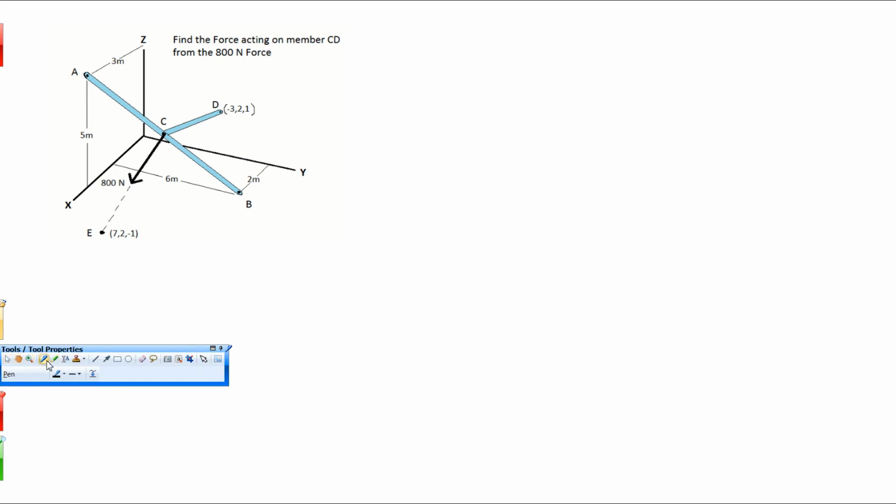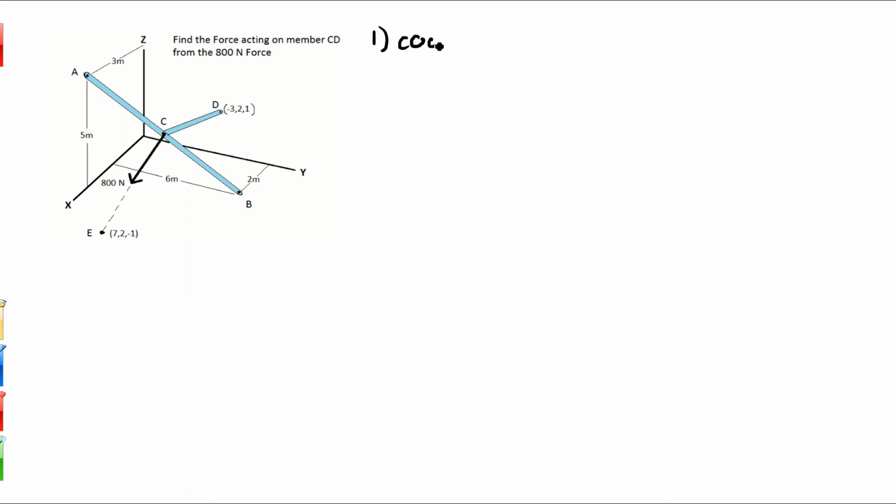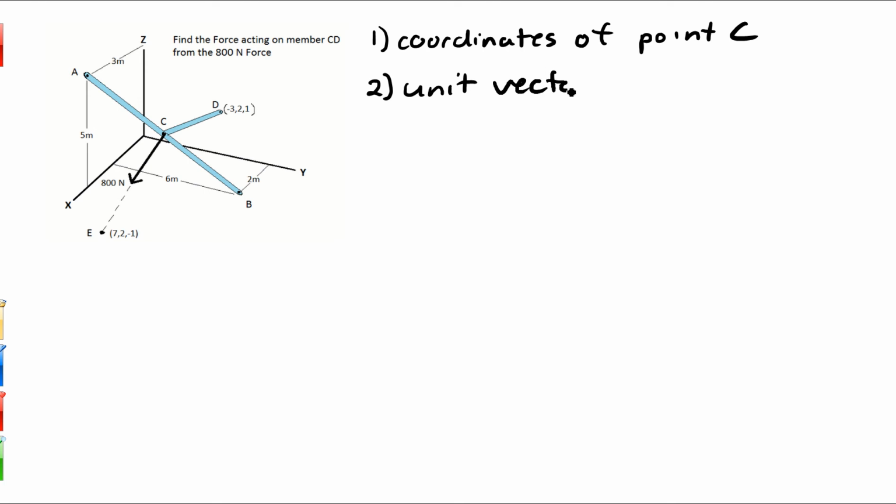Before we get started, I'm going to write out a little bit of a procedural analysis for this. The first thing we're going to do is find the coordinates of point C, so we can get our unit vectors for CD, and then a unit vector for CE.